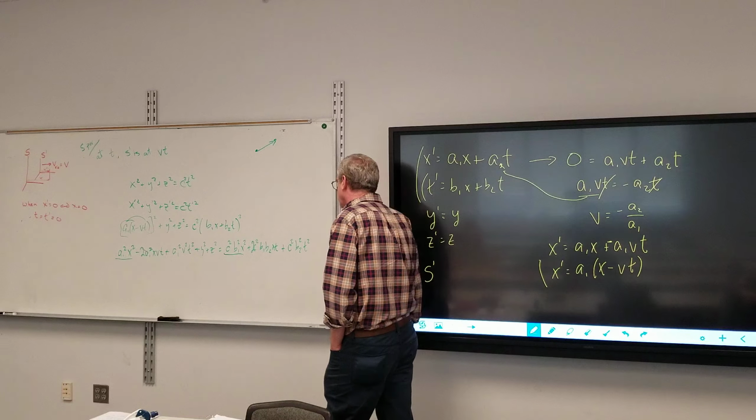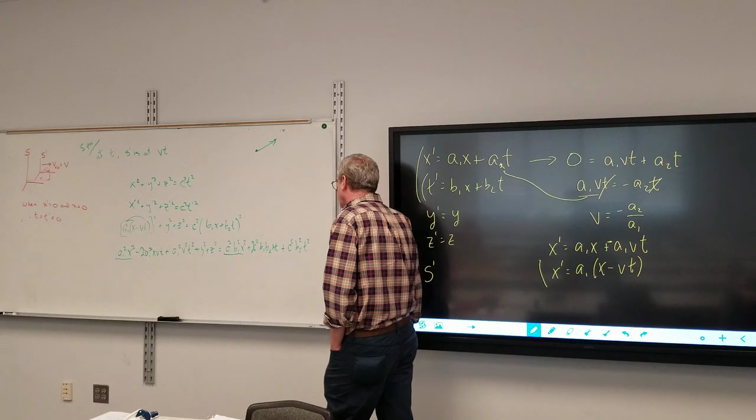So this becomes x squared times a1 squared minus c squared b1 squared. Now I want my t terms, see what else we can get together. Our y squared terms, fortunately we have only one, so plus y squared plus z squared.